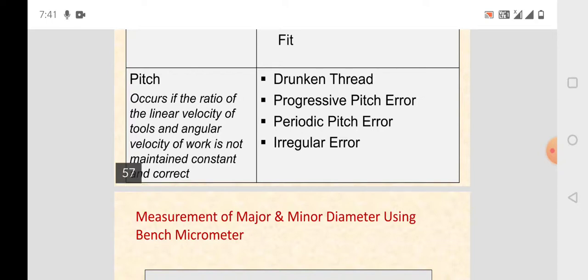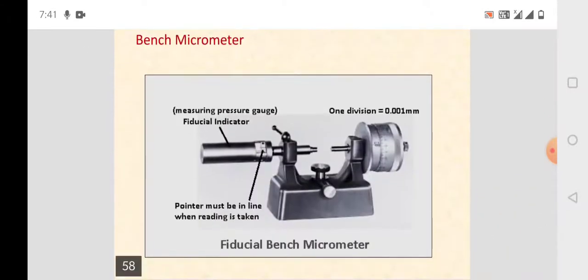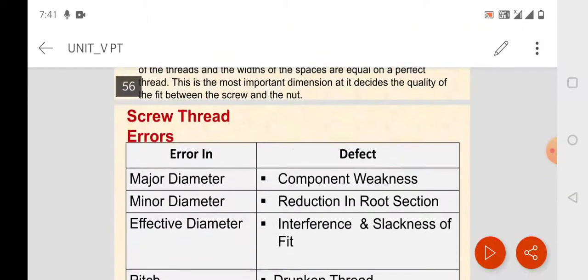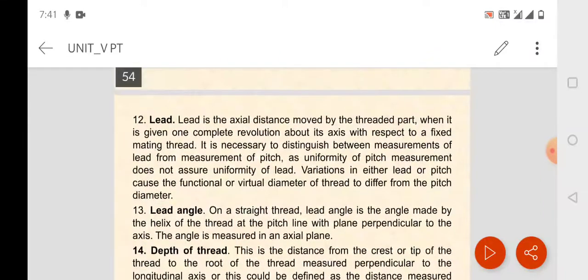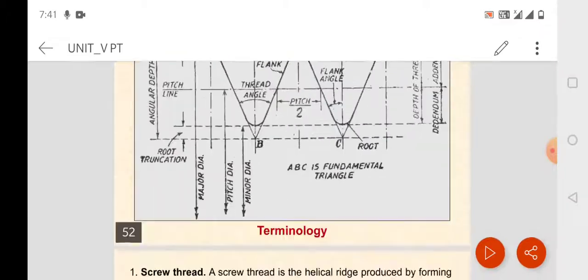If there is an error in the pitch of a nut, then it may not get engaged properly with the bolt. Such types of errors may occur if we have errors in the important dimensions of the threads, that is major diameter, minor diameter, effective diameter or pitch.